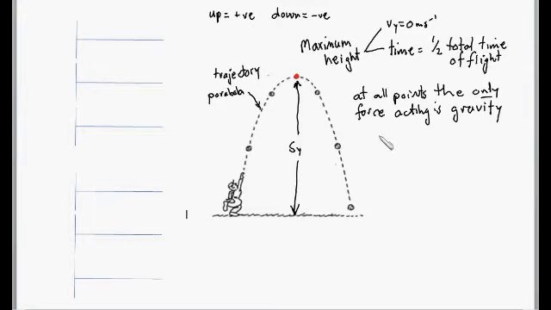If the only force acting is gravity, we can say that the acceleration is the acceleration due to gravity, which is just g. It's given as minus 9.8 meters per second squared. The minus, once again remember, means down, so we can alternatively write that as 9.8 meters per second squared down. Very important concept in all projectile motion questions.